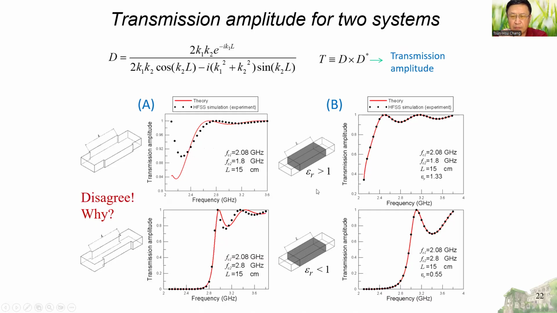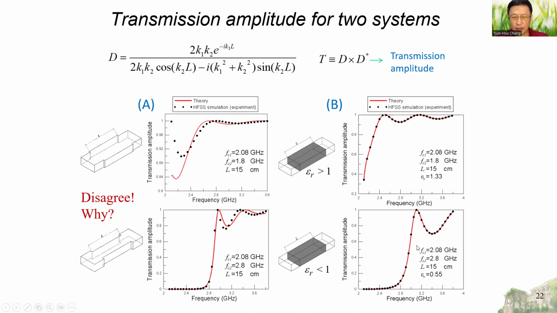But consider material inside with uniform cross section. Epsilon R greater than 1 looks like the waveguide width increased, broadened. And epsilon R less than 1, the waveguide width narrowed, exactly the same. Theory and HFSS simulation are the same.